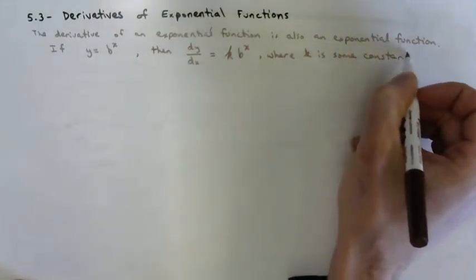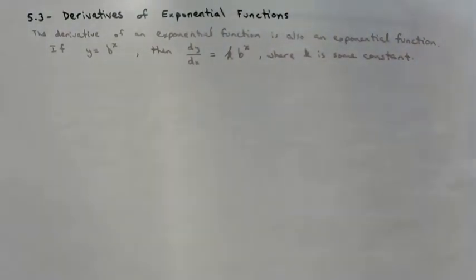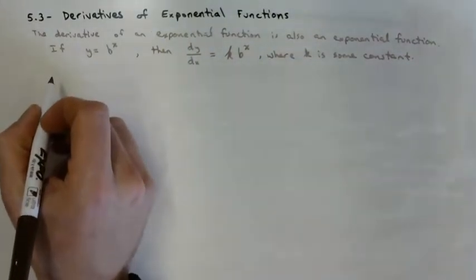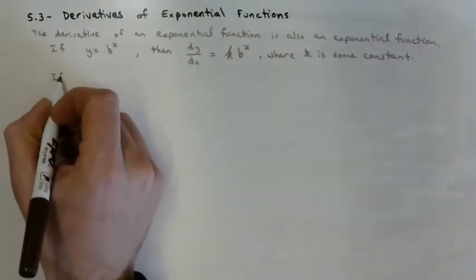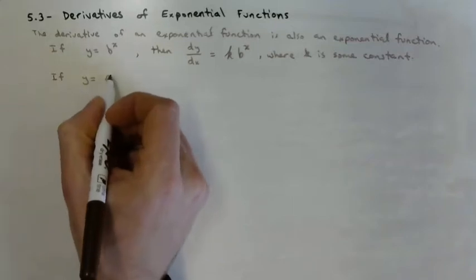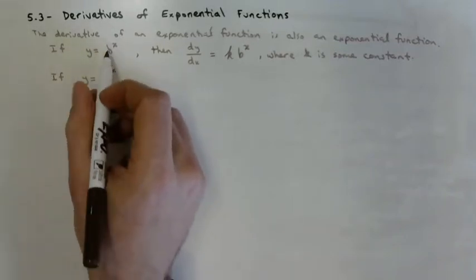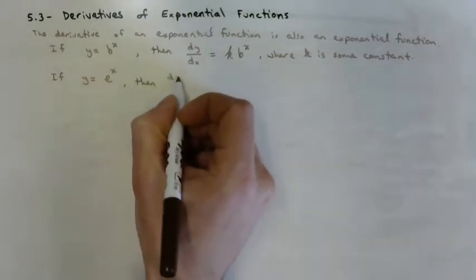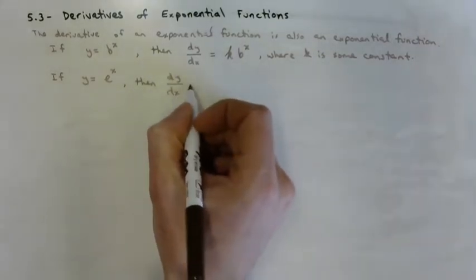So up until now, we don't know how to figure out that constant. We do know that constant in one specific case, okay? Because we do know that if we're dealing with y equals e to the power of x, if our base is e, the derivative of e to the power of x is just itself.